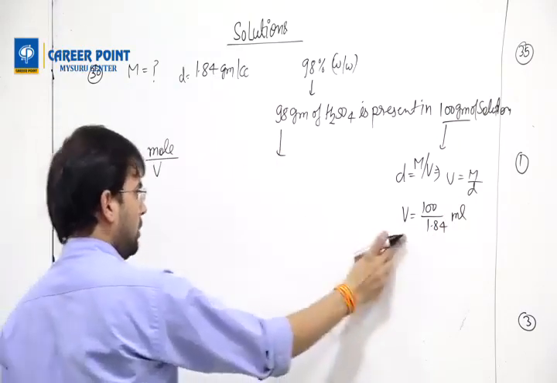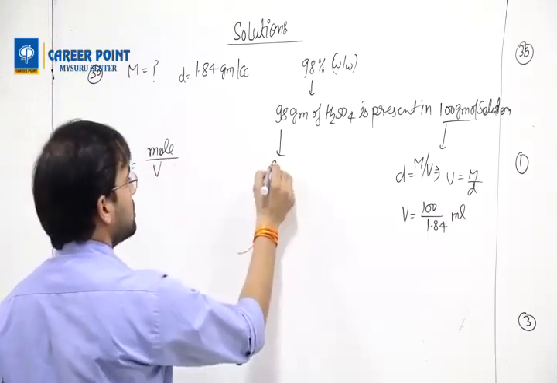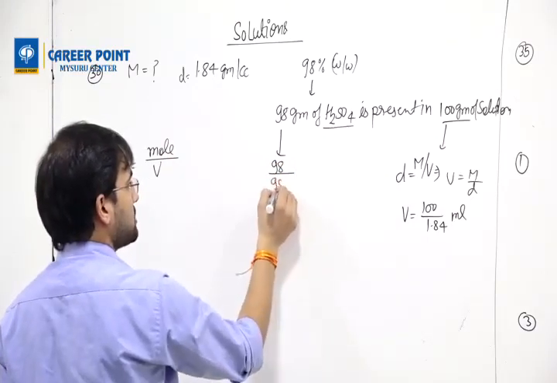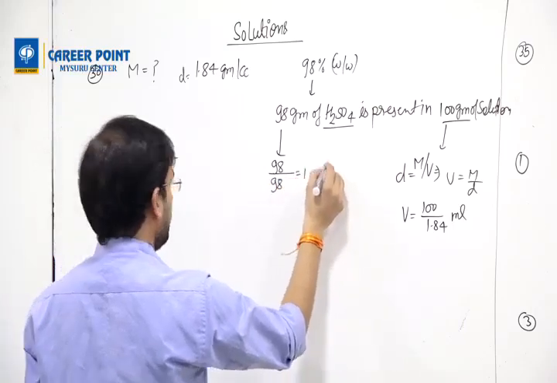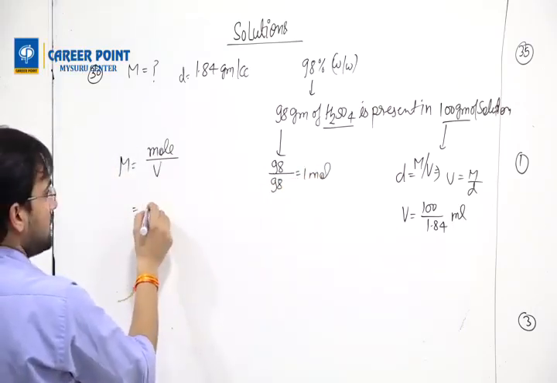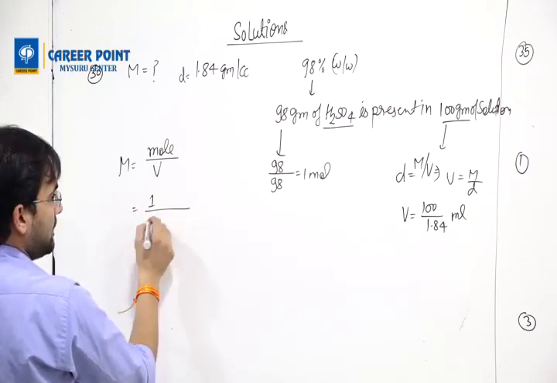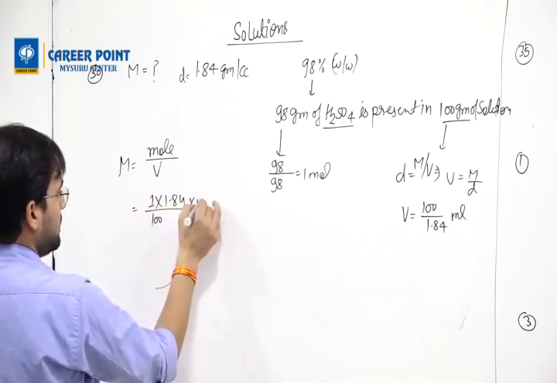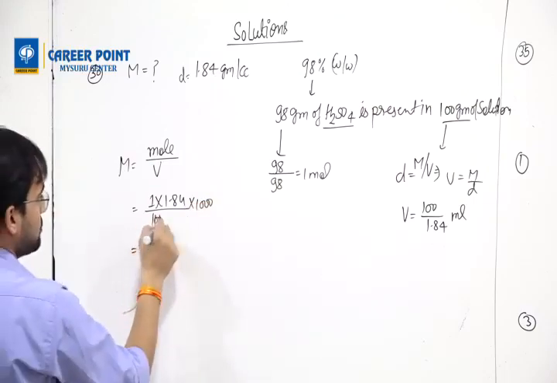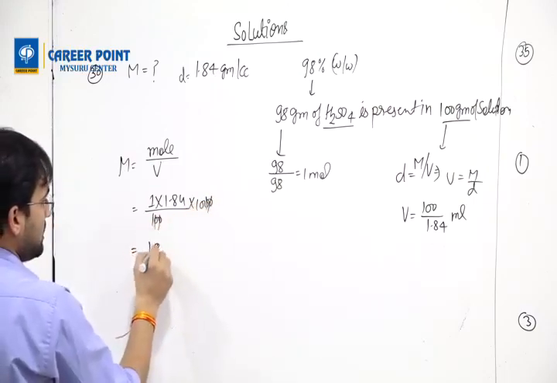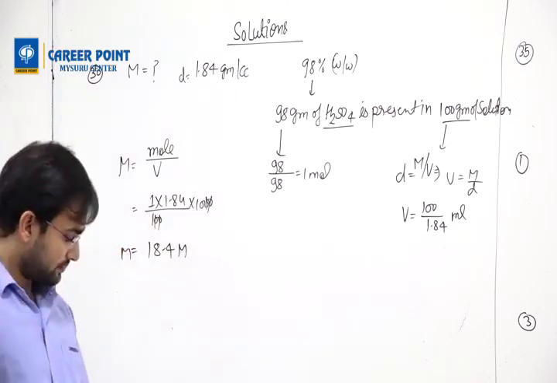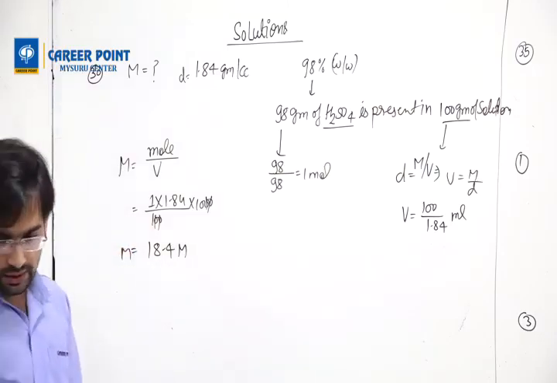I know the volume, I also need moles. So given mass by molar mass of H2SO4, which is 98, so 1 mole. Now I write 1 by 100 into 1.84 into 1000. So the zeros get cancelled. We get 18.4 molar. This is question number 30.